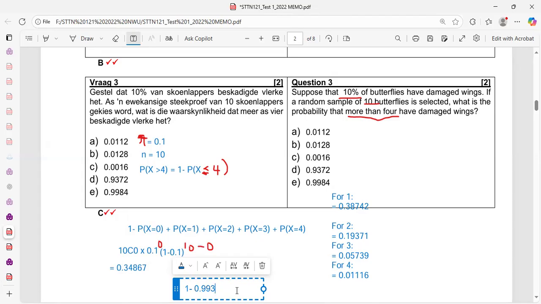0.34867, because I didn't take all the other decimals. But I will advise you to take all the decimals so that when you add all of them, they give you the accurate answer.